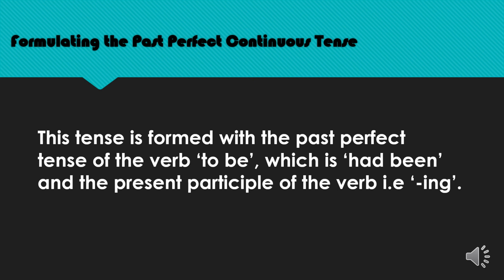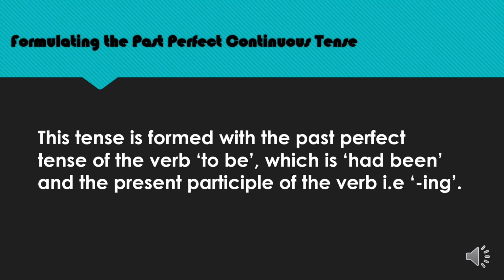Now here children, we need to learn the difference between the past continuous and the past perfect continuous tense. Right? Past continuous talks about the current happening in the past, whereas past perfect continuous tense shows that the action which has started in the past is still continued in the present.